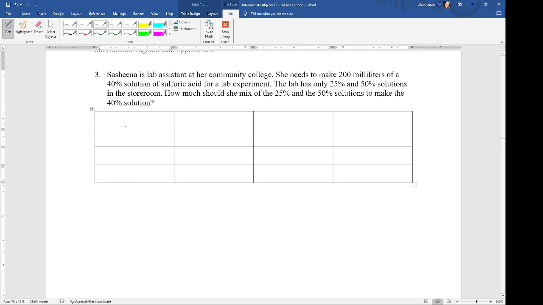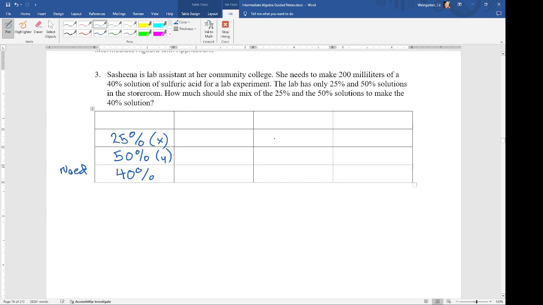So I have a 25% solution. I'll call that one X. I have a 50% solution. I'll call that Y. We need a 40% solution. This last column should always be what you need.